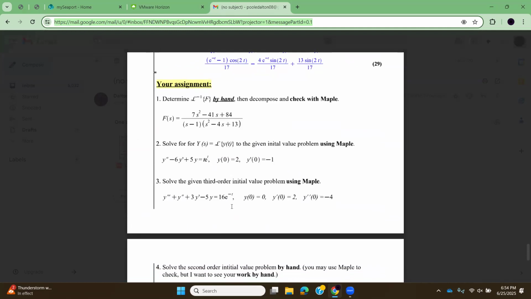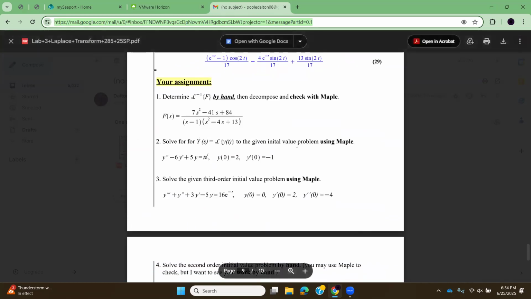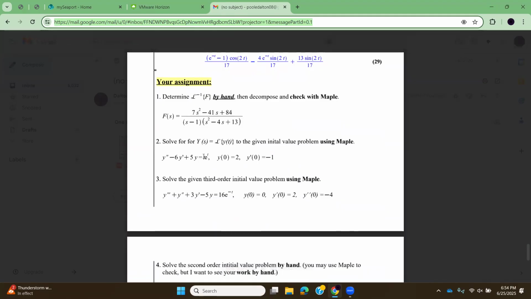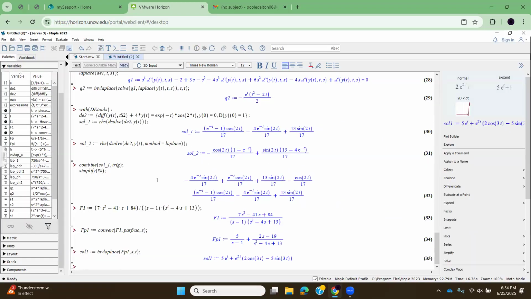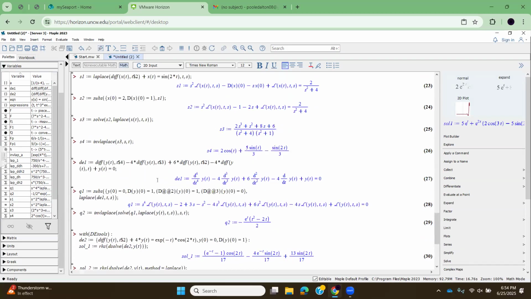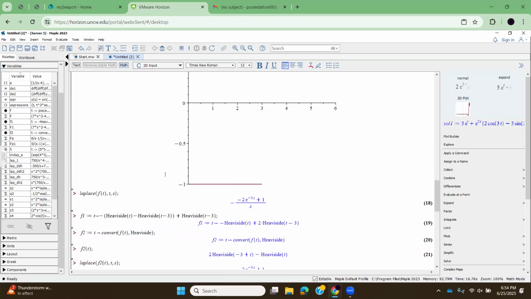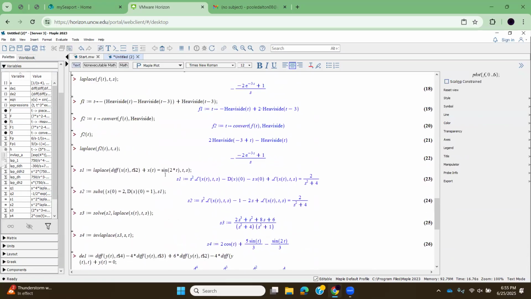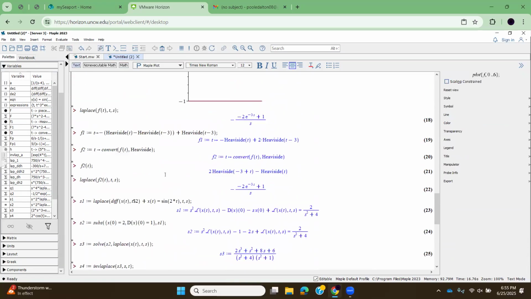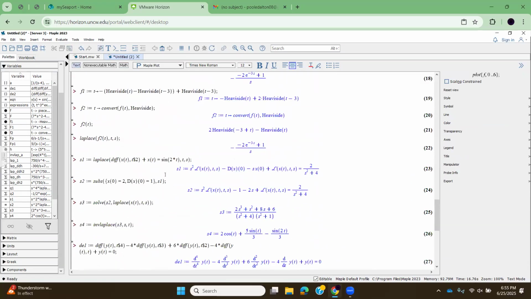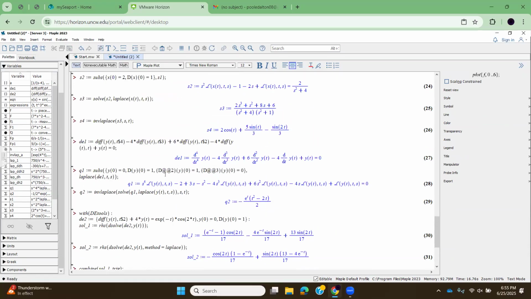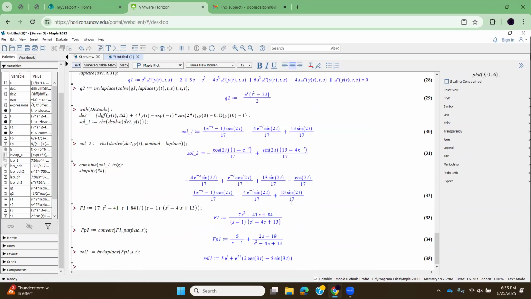So now we want to solve for y of s given the initial value problem. So we'll go ahead and code in this differential equation, just like kind of how we were doing it up here. So we just need to write our equation, which we'll do like how we did in the last one.